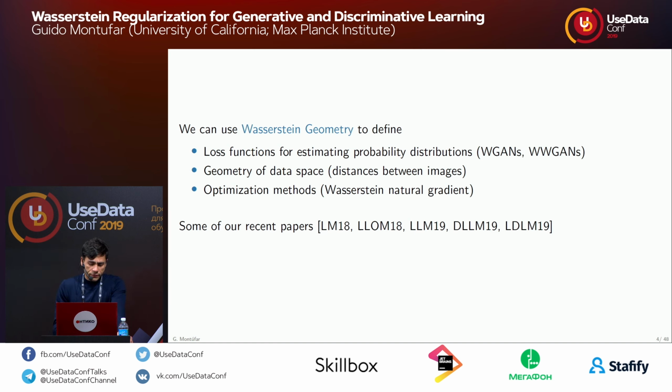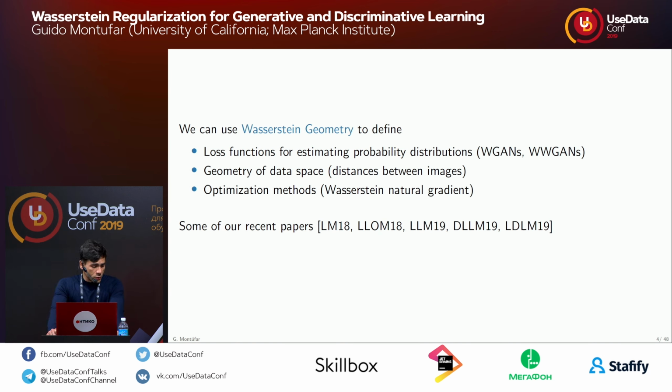In the case of optimal transport or Wasserstein geometry, this is an approach that allows us to define loss functions for estimating probability distributions, as in the case of Wasserstein GANs or Wasserstein of Wasserstein GANs that I will present in a moment.